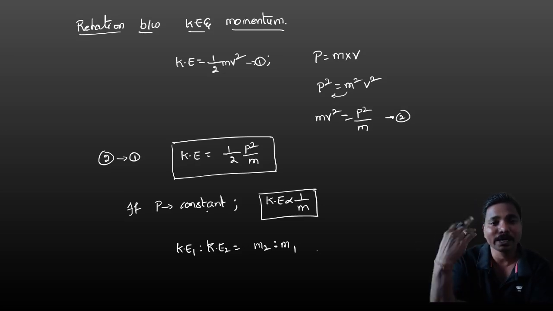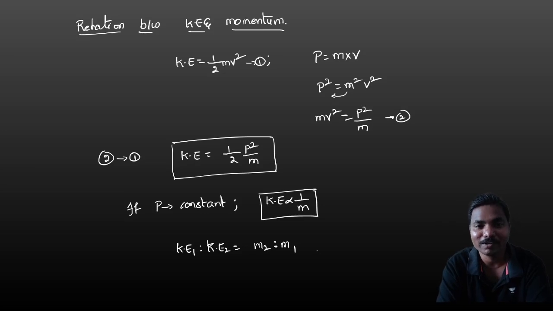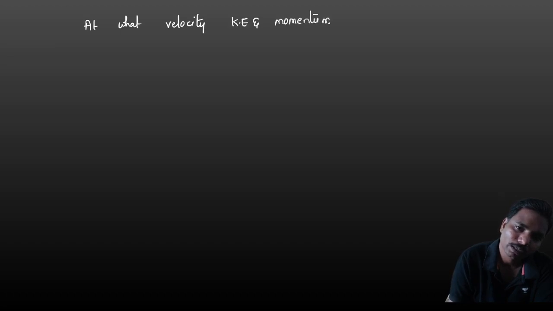For example, if the KE and momentum both are equal, then what will be the velocity? At what velocity are KE and momentum equal? Come on, try.